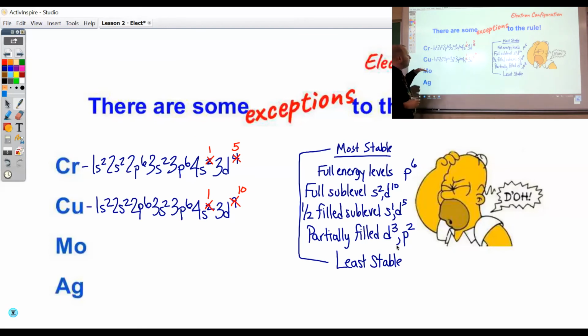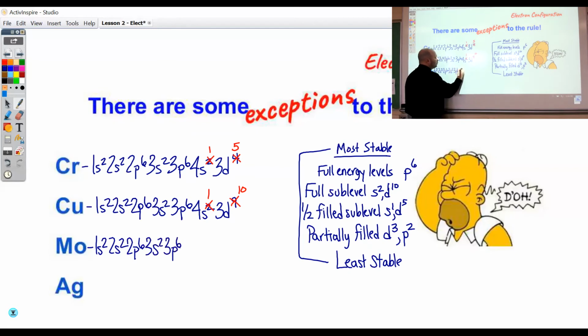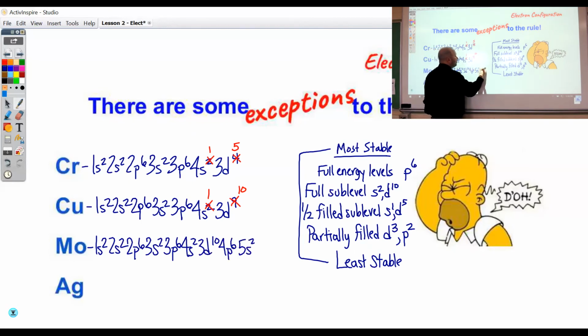Okay, the same thing that occurs with chromium and copper occurs with molybdenum and silver. And they are directly on top of each other on the periodic table. Chromium is over molybdenum, copper is directly over silver. So in this case, for molybdenum, we would get 1s2, 2s2, 2p6, 3s2, 3p6, 4s2, 3d10, 4p6, 5s2.